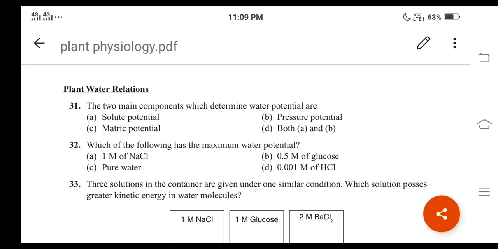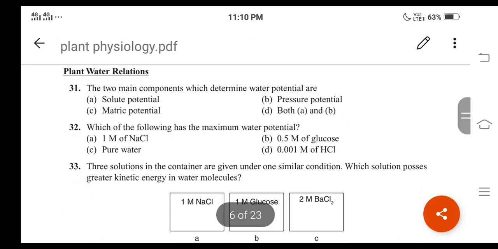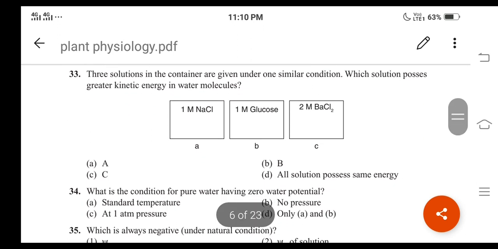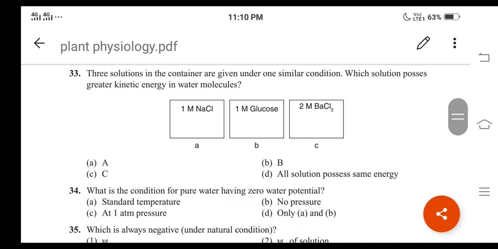Let us move on to the next question, question number 33. Three solutions in the container are given under one similar condition. Which solution possesses greater kinetic energy in water molecules?